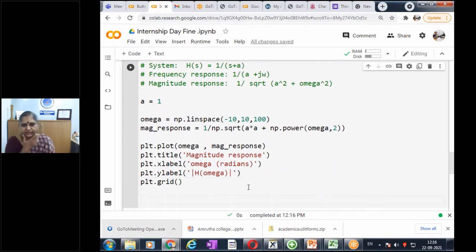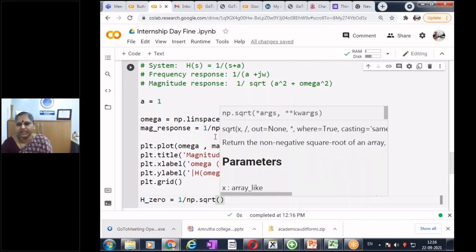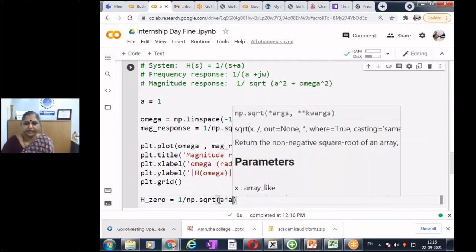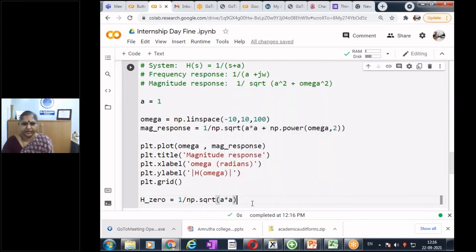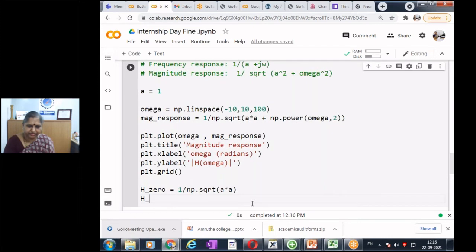Magnitude response. H of 0 equal to, what is it? 1 by np.sqrt of, omega is 0, so it will be simply square root of A square, A into A.